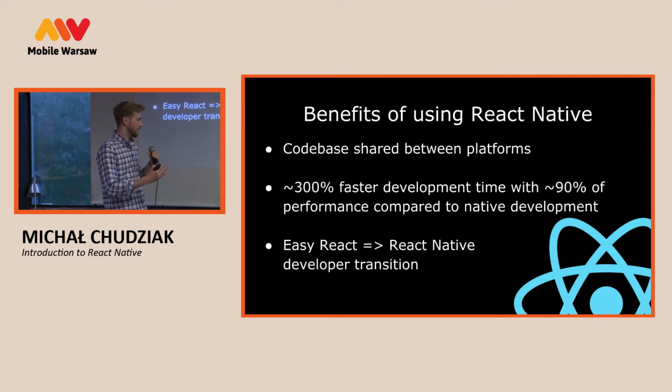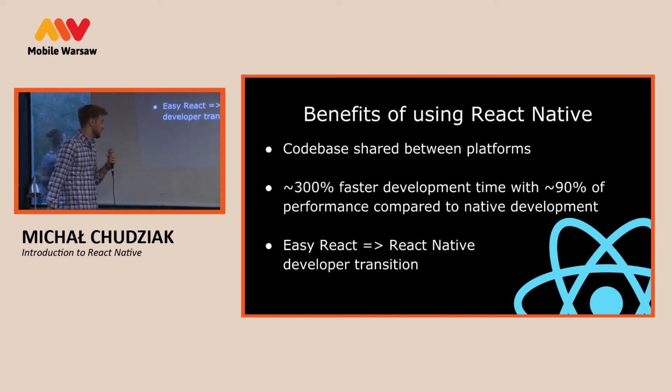And for performance, around 90% of native performance is achievable with React Native. Of course, a fully native app will always be faster if it's done right and well, but sometimes you have to calculate all the costs, and maybe this is the better business decision.